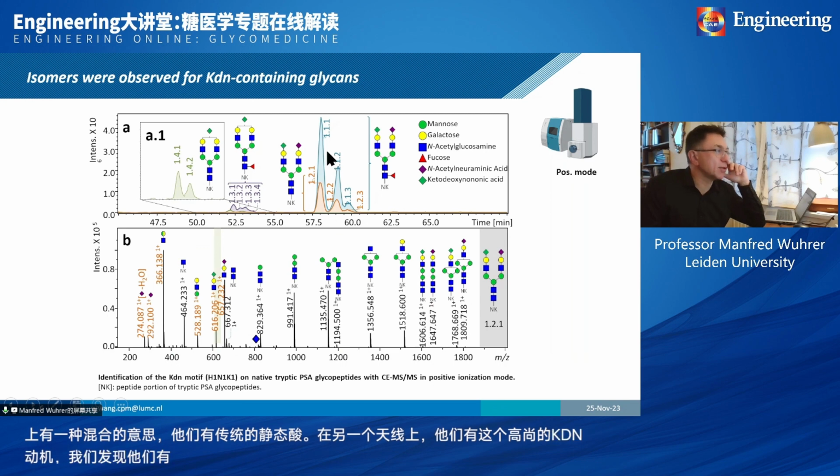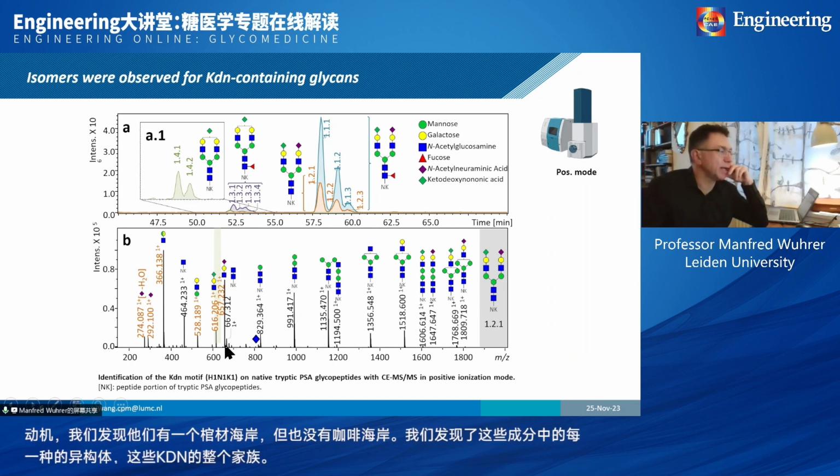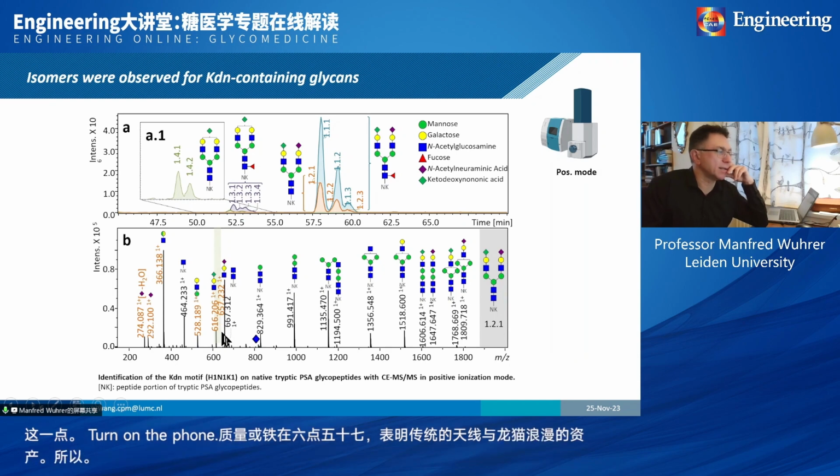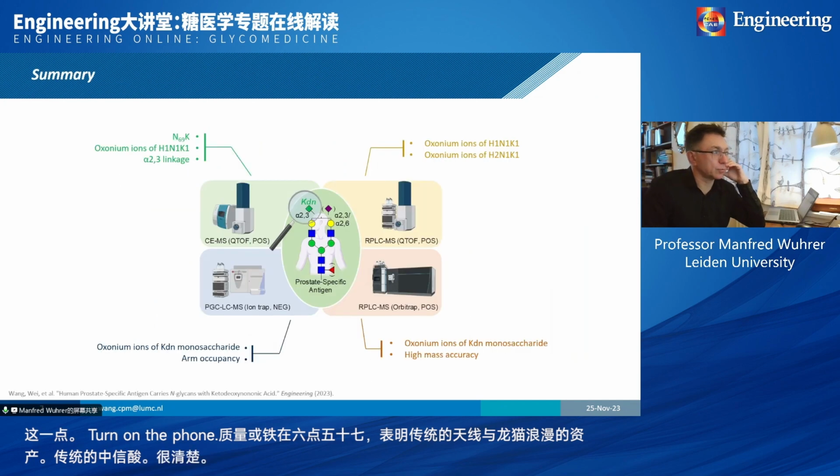We found isomers for each of these compositions, so a whole family of these KDN glycans. We confirmed that by tandem mass spectrometry, as indicated here. We have an ion at 657, indicating the conventional antenna with N-acetylneuraminic acid, the conventional sialic acid, and then we have this novel one at 616. So pretty clear indications for this novel modification.